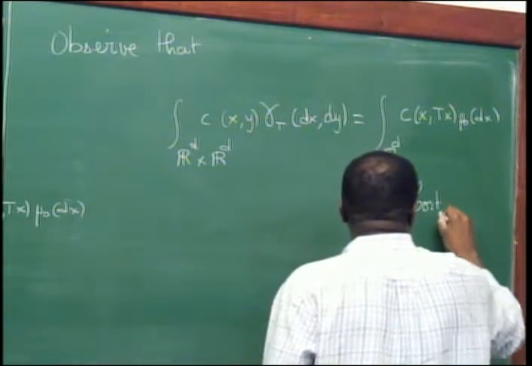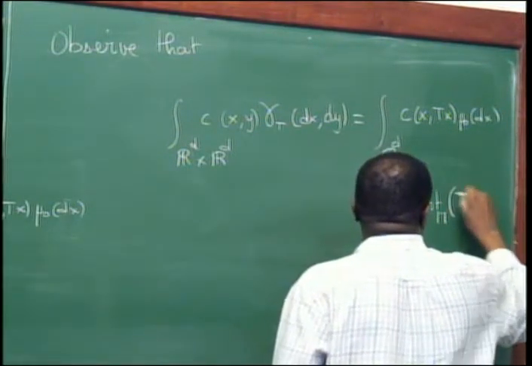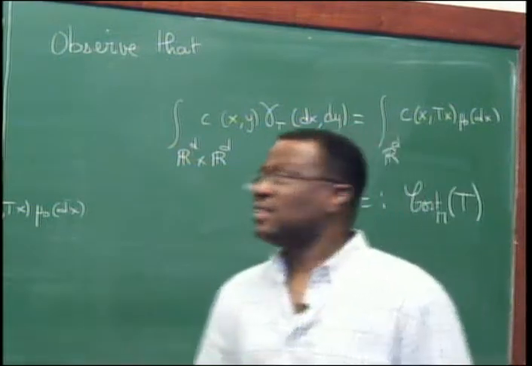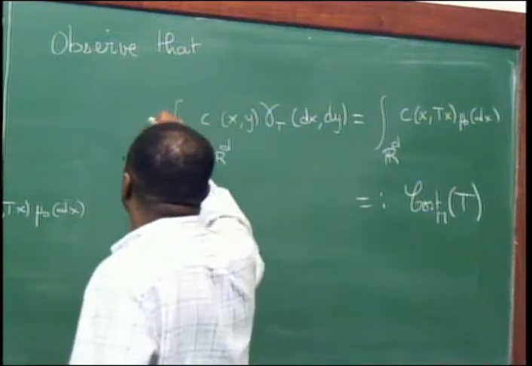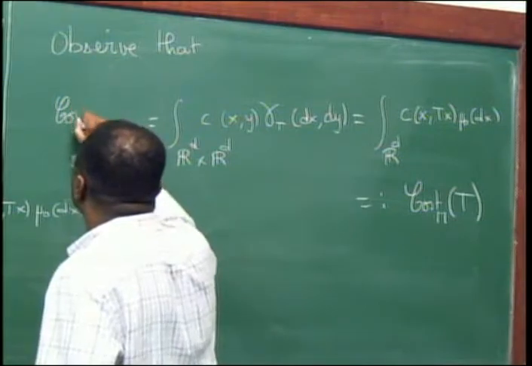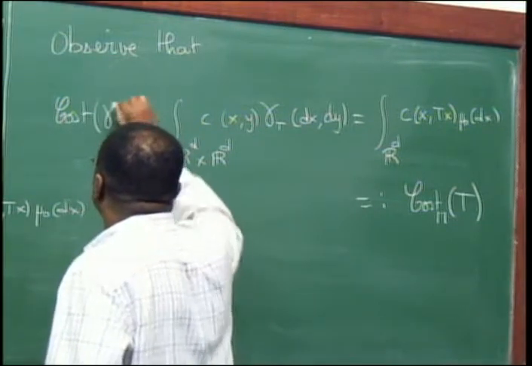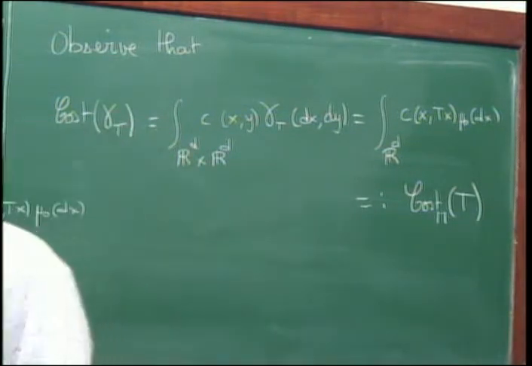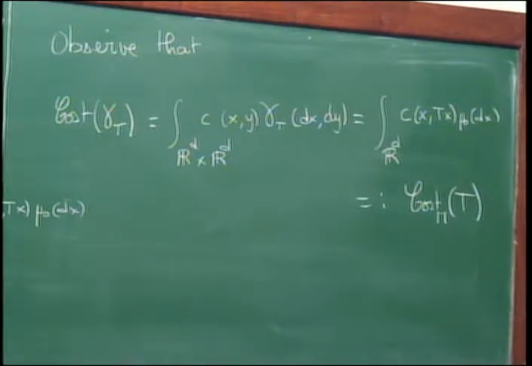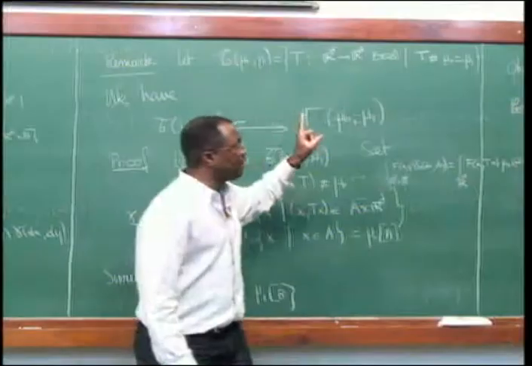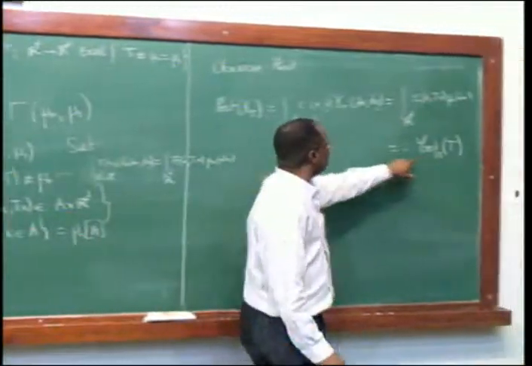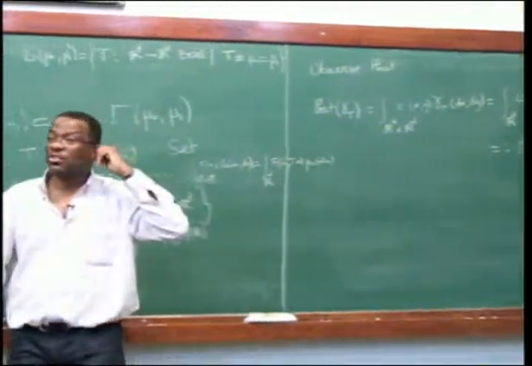Call this the Monge cost. Then I see that the Monge cost equals the Kantorovich cost. So this set is a subset of that set, but the Monge cost extends to the Kantorovich cost.